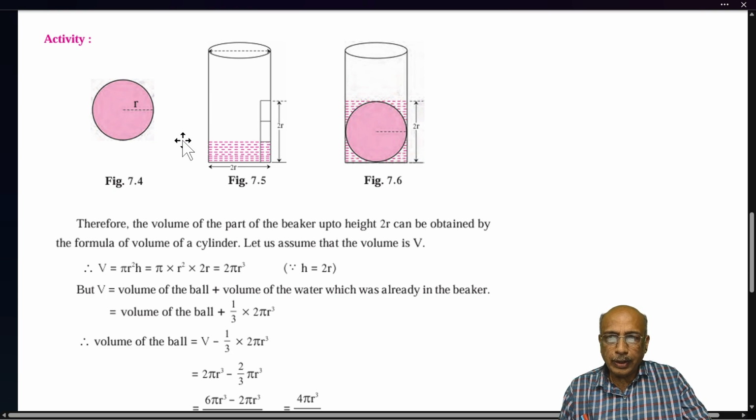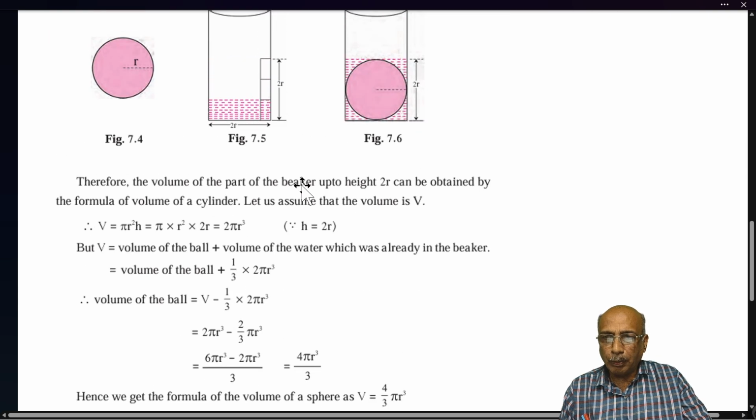Liquid is filled and this sphere is inserted in this. The radius is equal to that of this cylinder, so it will fit like this. When you put it in, this is 1/3 filled. So the sphere will be inserted in this and the height will be equal to the diameter of the sphere, that is 2r.